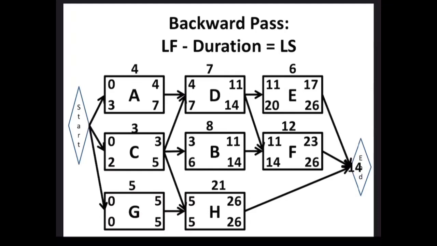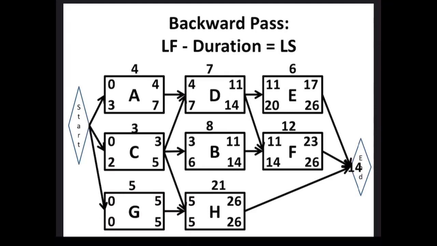All right, now we have activity C, as in Charlie, the funnest activity of all the activities in this diagram. Activity C is necessary for D, B, and H to be done.